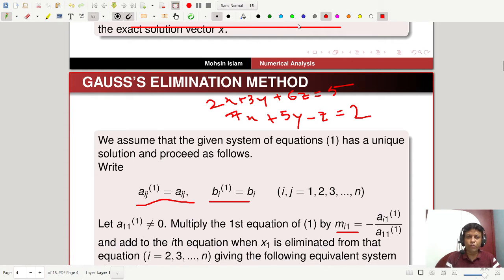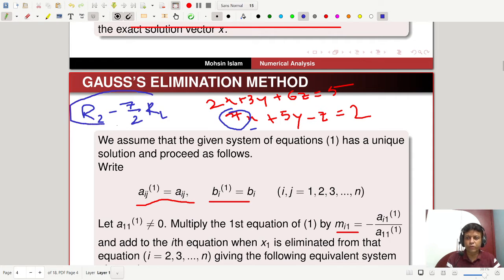If you want to eliminate 7, if you want to eliminate this term, then what you have to do is r2 minus 7 by 2 r1, right?